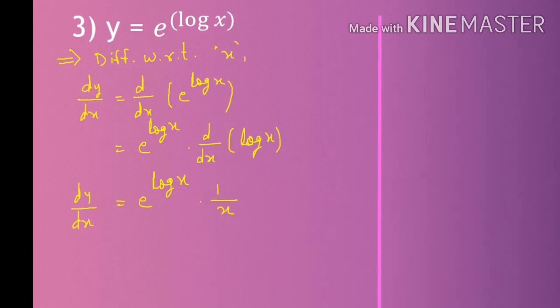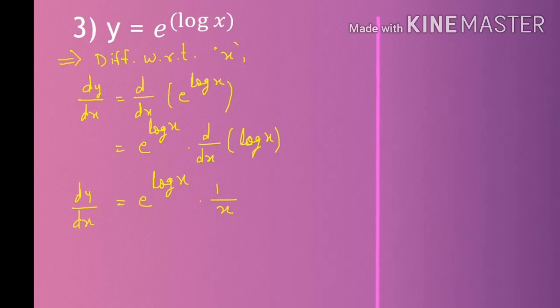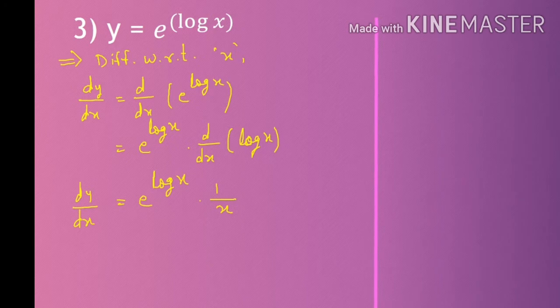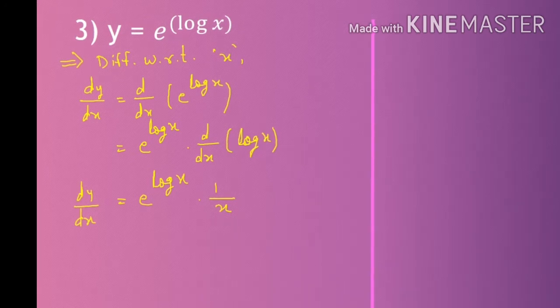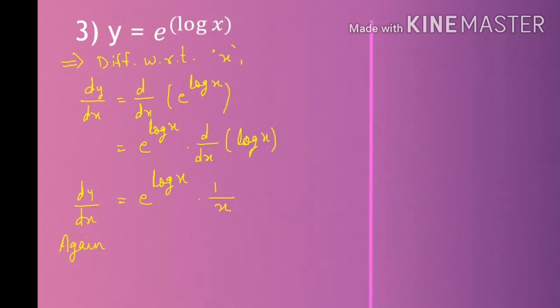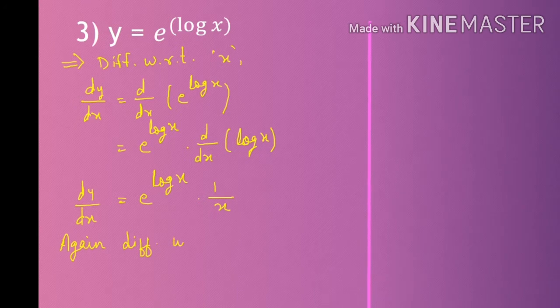Now again we have to differentiate, but now it is the product of two functions. So we will have to use the differentiating rule of d dx of u into v. That is u into dv by dx plus v into du by dx. So let us write again, differentiating with respect to x.